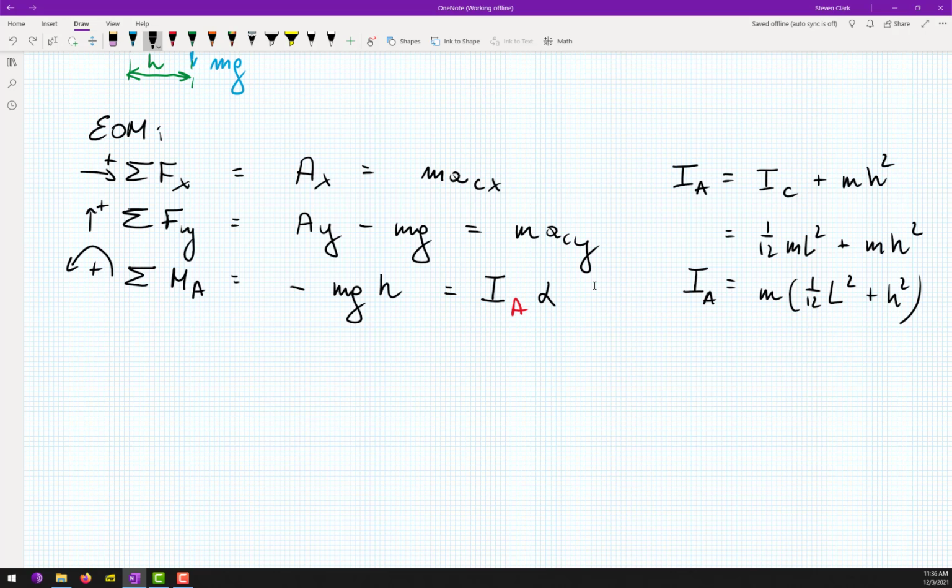So now we will end up with minus mgh, and this is equal to m times 1/12 l squared plus h squared, times alpha, yes? And m cancels out. So we just found expression for alpha.